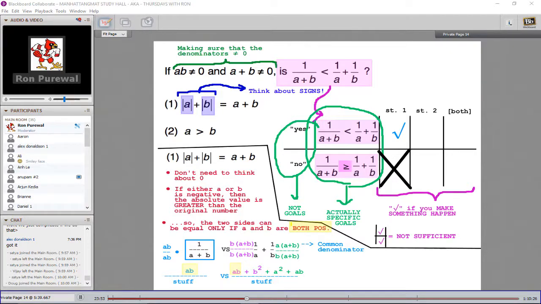So it should be pretty clear because remember the right-hand side is so much bigger that each of the individual parts were already bigger. So this is definitely smaller, and this is definitely bigger. So there you go. Okay. Any questions about statement one? Statement one is sufficient.